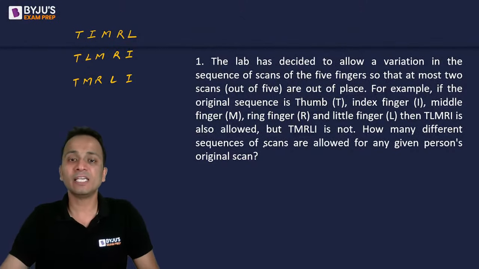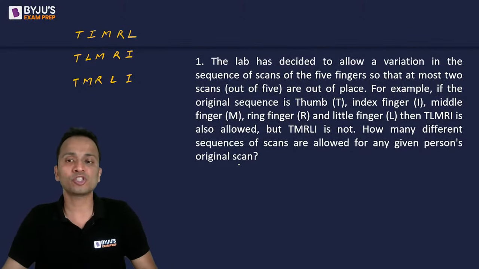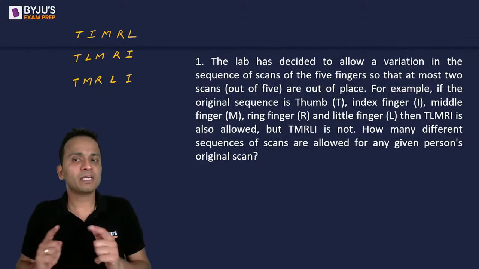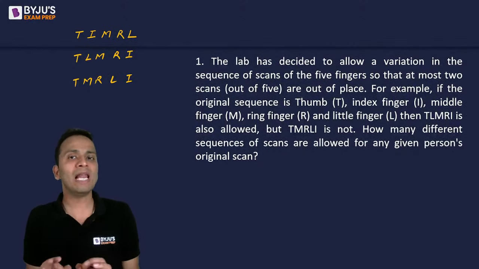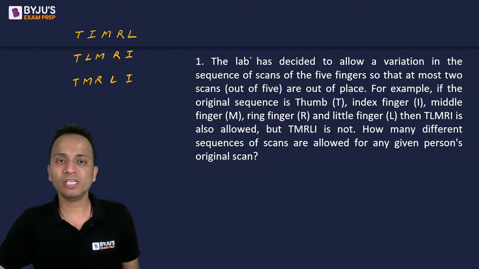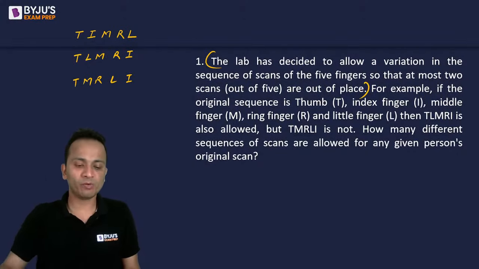So how many different sequences of scan are allowed for any given person's original scan? So original scan उसने दे दिया. अब कितनी सीक्वेंस के थ्रू वो लैब में एंटर कर सकता है ये बताना है, if this relaxation is given. Okay, they have also explained with an example.